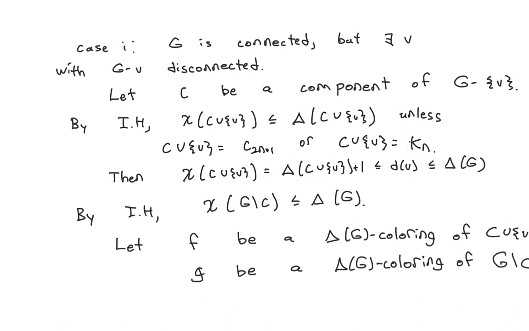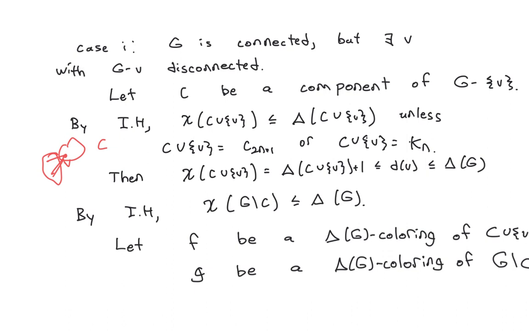But it's worth pointing out that you're looking at this component C and we've got this cut vertex V. Well, there has to be more graph that V is attached to. So in particular, this delta of C union V plus 1 is still at most the degree of V in these two cases. Because in one case, the max degree is 2 and V has degree at least 3.